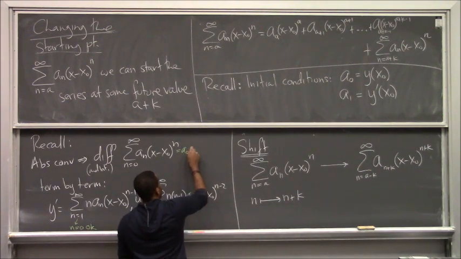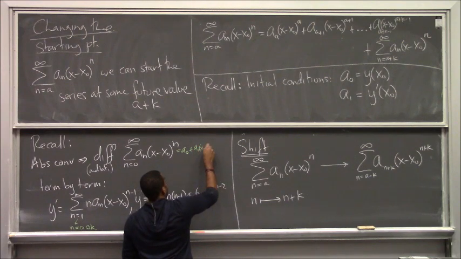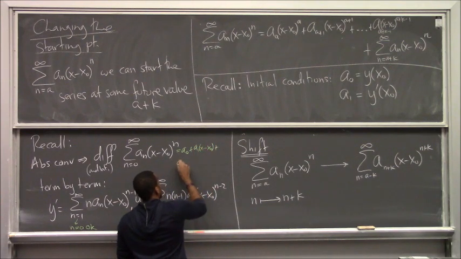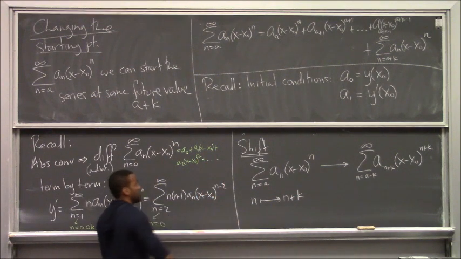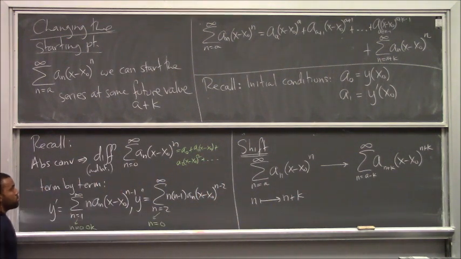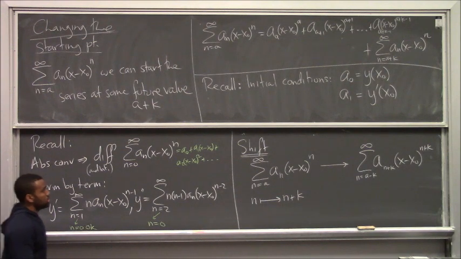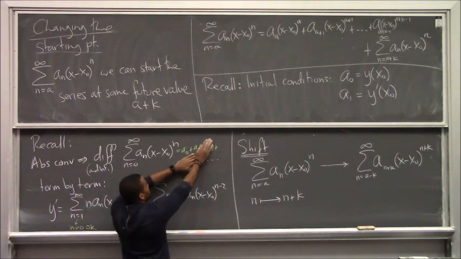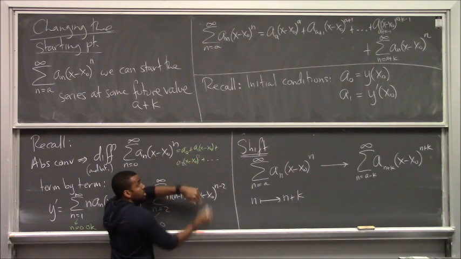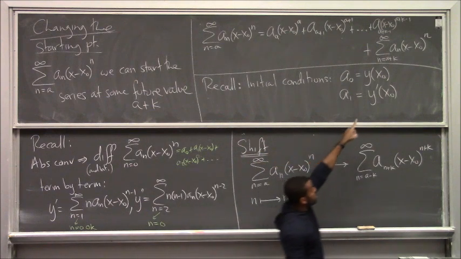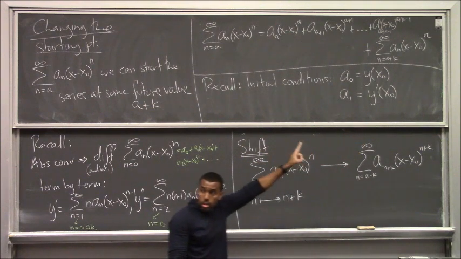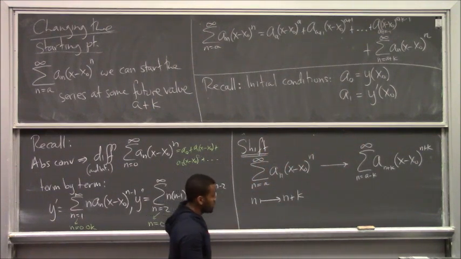It's just a0 plus a1 times x minus x naught plus a2 times x minus x naught squared plus, and it keeps going like that. Notice that if I plug in x equals x naught, everyone dies except the first term, a0, right? So y evaluated at x naught is a0, right? So the first term is actually the initial condition evaluated at the point where I'm centering the series.